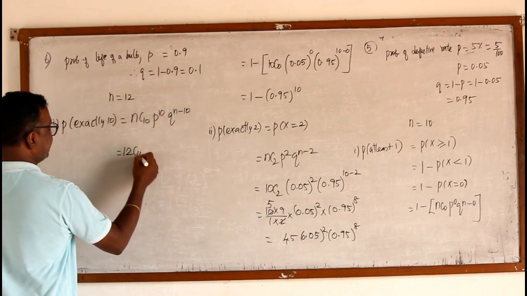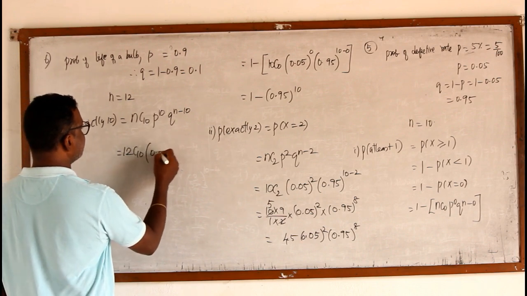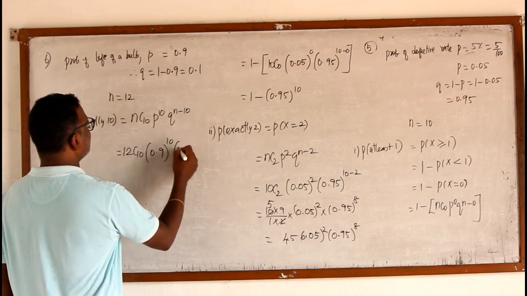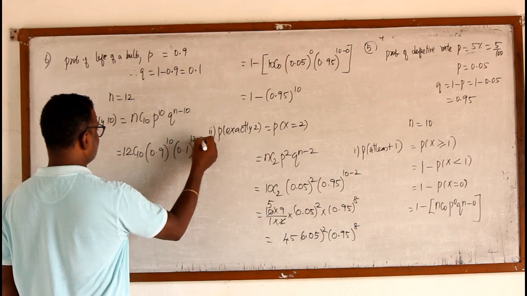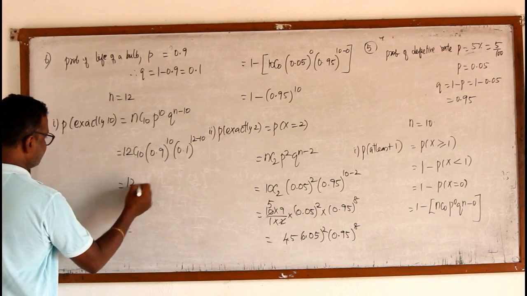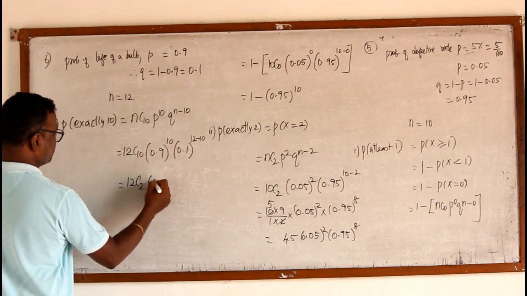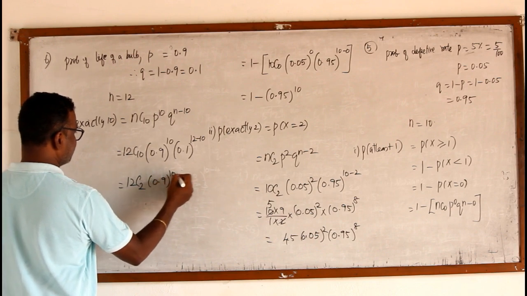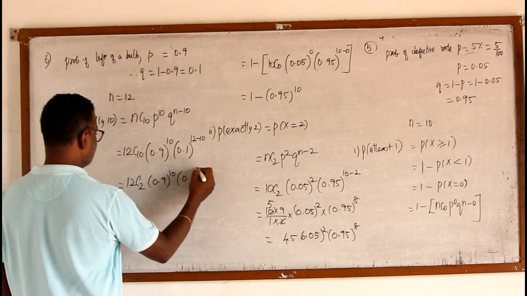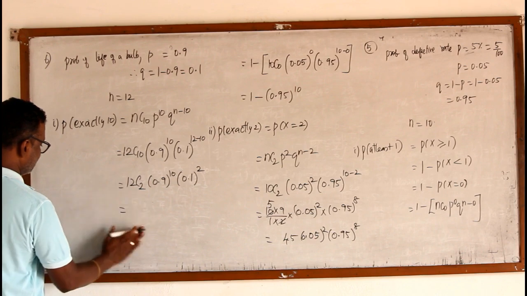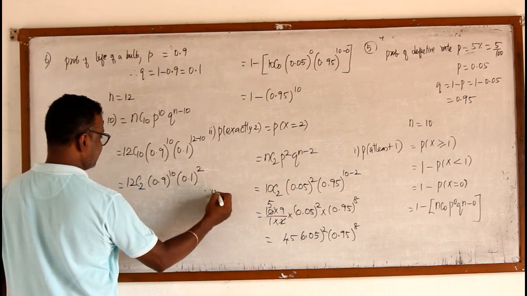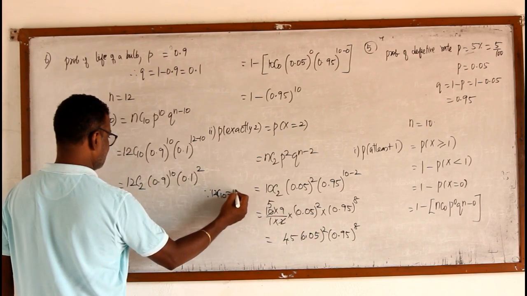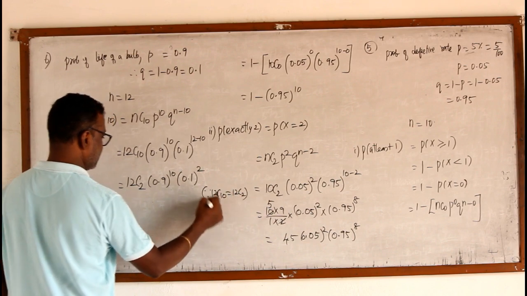Is it 12C10? P is 0.9 whole power 10. Q is 0.1 whole power 12 minus 10. 12C10 can be written as 12C2, because 12C10 equals 12C2. 0.9 whole power 10, 0.1 whole power 2.